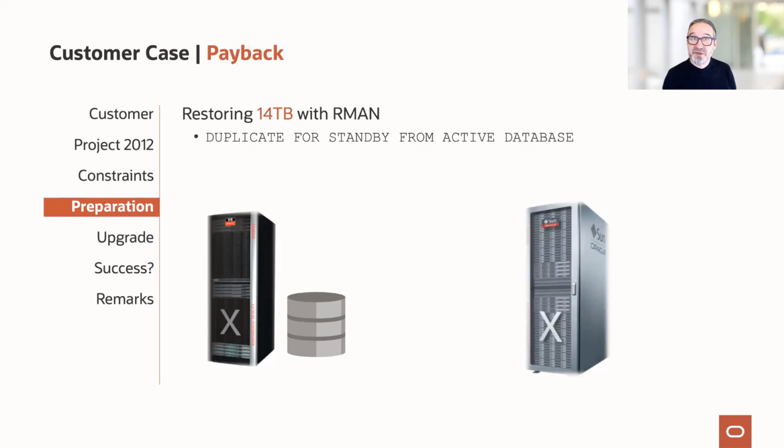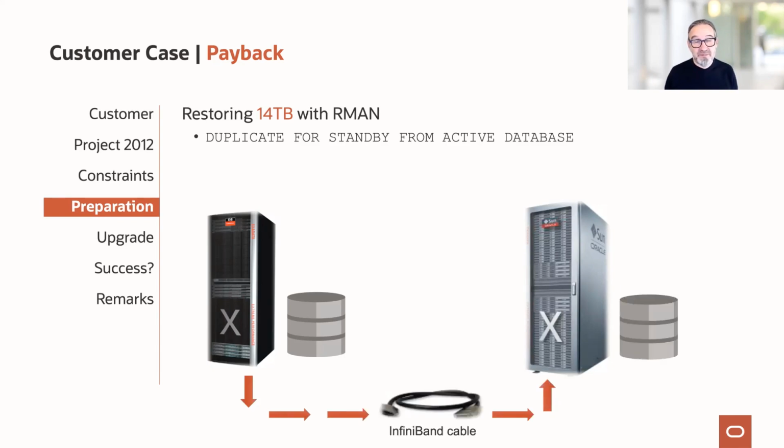The idea was we restore a 14 terabyte database with RMAN with the command duplicate for standby from active database. In order to do that, the machines were cabled together with that special InfiniBand cable. And then we restored the database and let RMAN do the work.